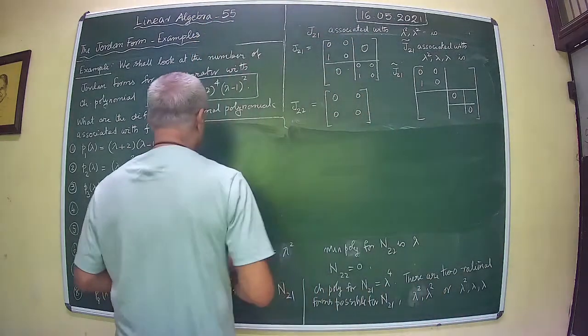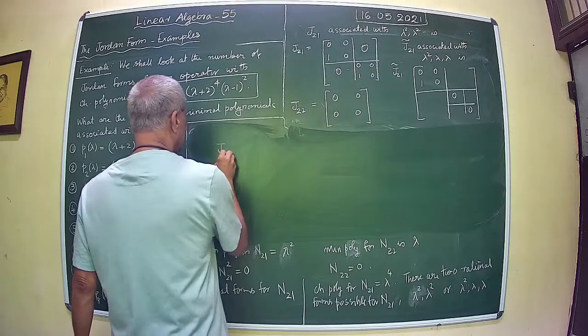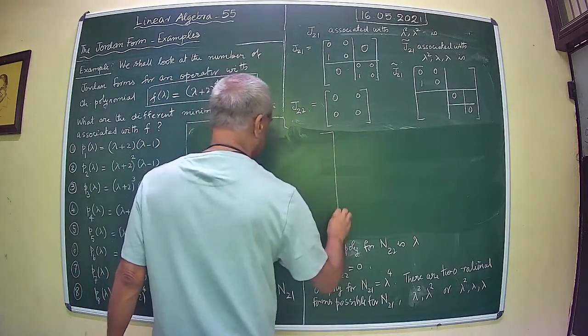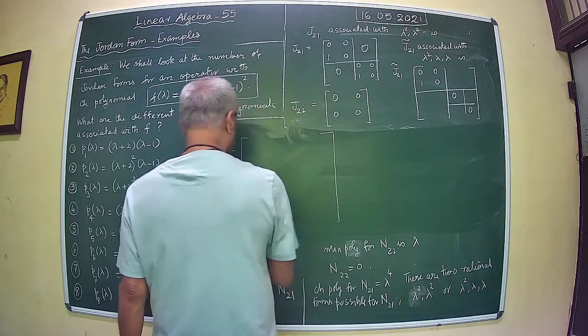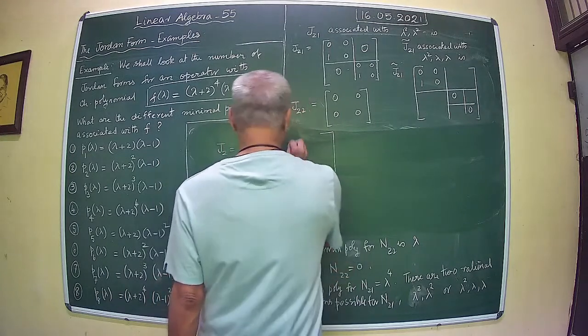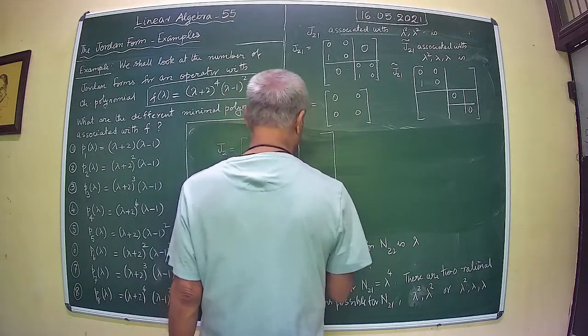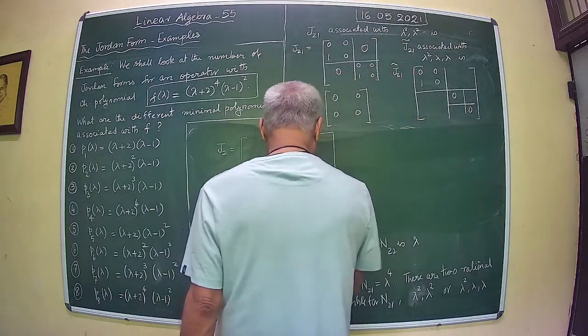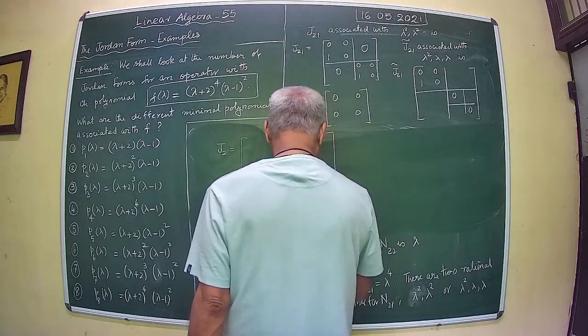J2 has two possible forms. See, it has sort of, so this is going to be 1, 1, 0.